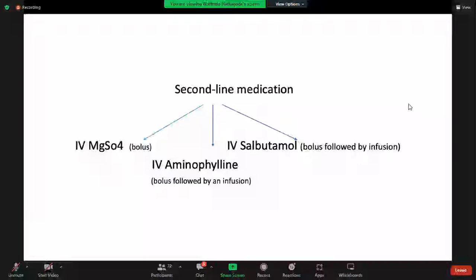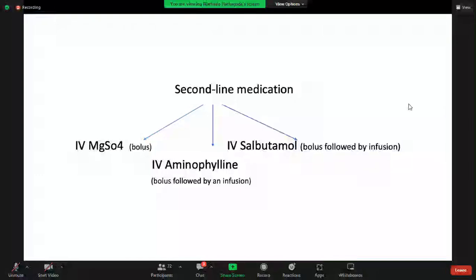What is the reason for that? Because if so, we are not going to give the bolus. Otherwise, it has a narrow therapeutic index, and we would push the child into the toxic level. Yes, that's true. So always make sure that this child was not on theophylline.